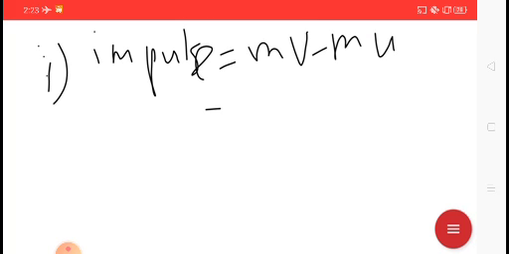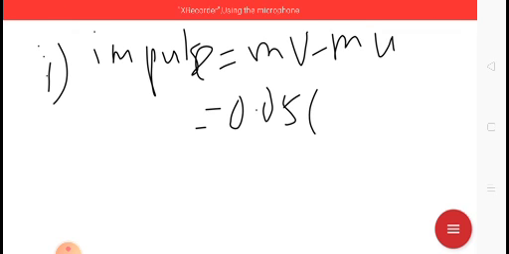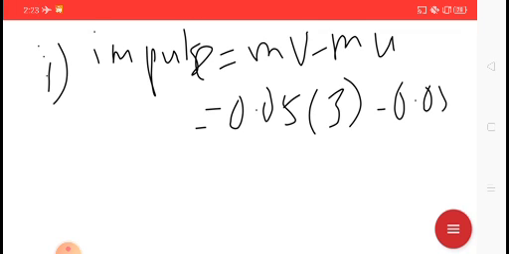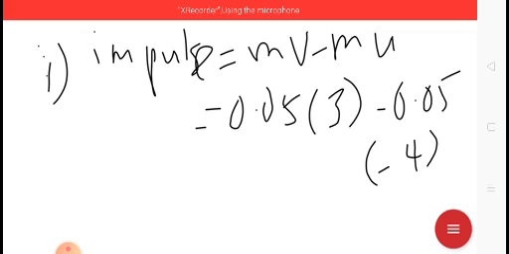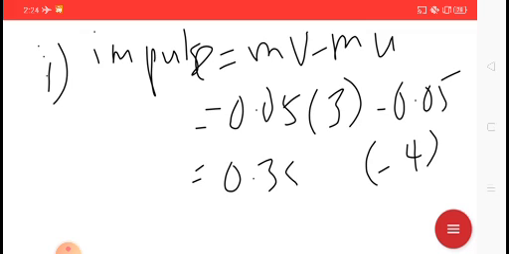The m given is 50 grams, 0.05 kg, multiplied by the final 3. The ball hits the ground with a speed of 4, so we take going up as positive, minus 0.05 times negative 4, going in negative. So your impulse will be equal to 0.35 on the ball itself.